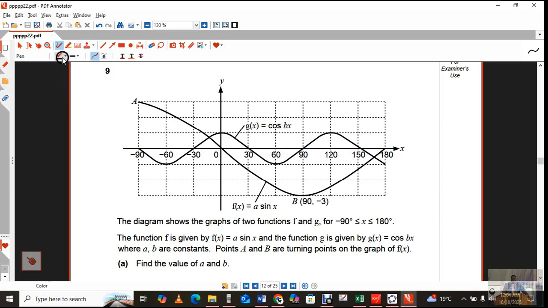Something that you should notice is that the a value, so if this is 1, -1, -2, the a value has to be negative. A would be negative.